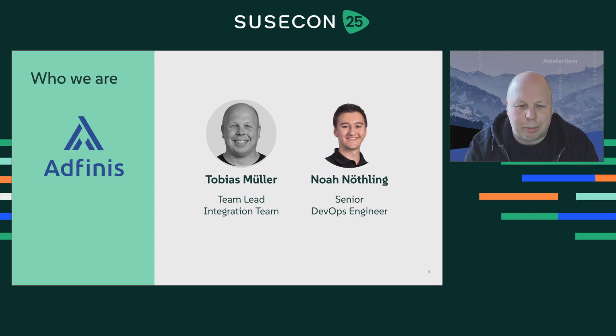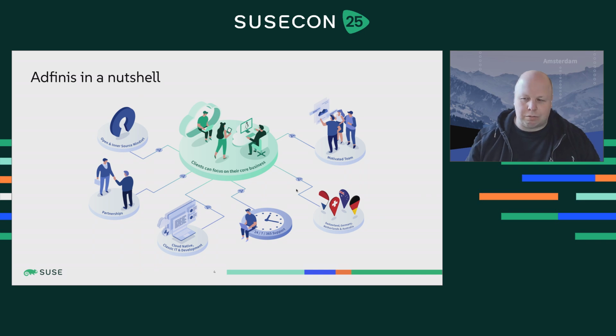That's me, Tobias. I'm the integration team lead of Adfinis Germany. And I have with me my colleague Noah, who's a senior DevOps engineer at Adfinis. At Adfinis, we are an open source company, and for 10 years, a big partner of SUSE.